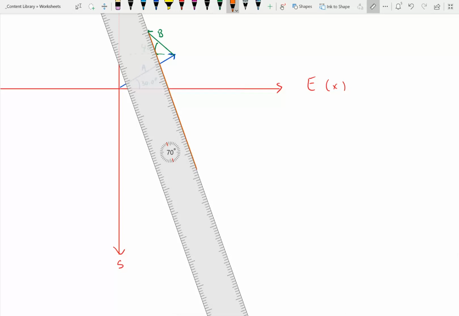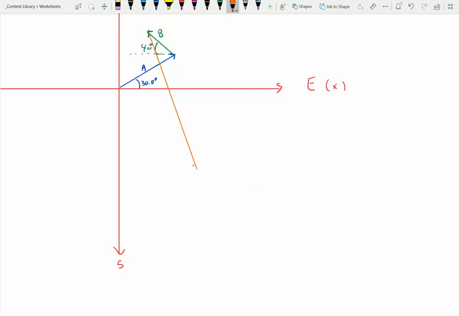Okay, that should be 11.4. Yep. That's vector C. Putting vector signs on my vectors because I'm no idiot.